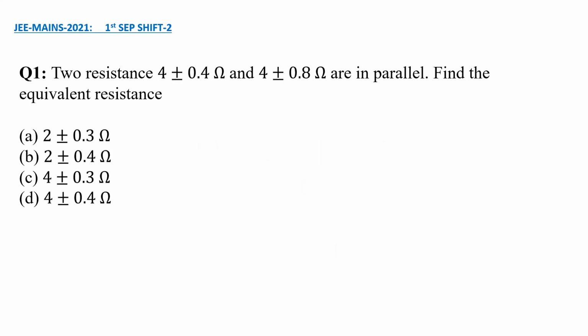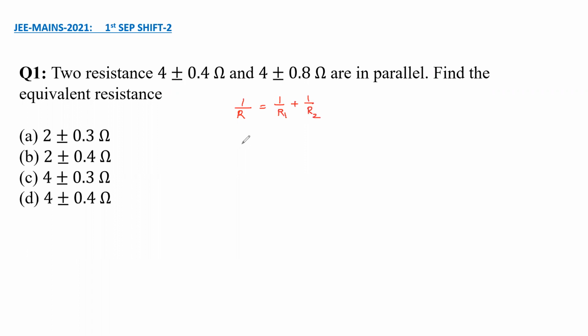So you are given two resistors of resistances 4 each, and therefore the equivalent resistance for the parallel combination is 2 ohms. And since the errors in each of them are given, we shall write the equation properly. That is 1 by R is equal to 1 by R1 plus 1 by R2.